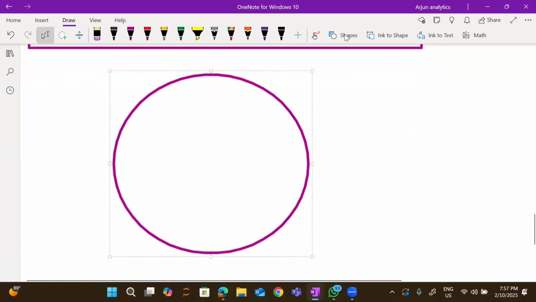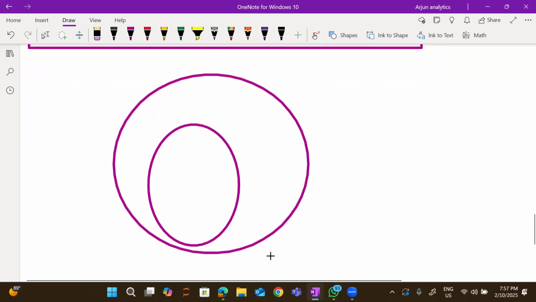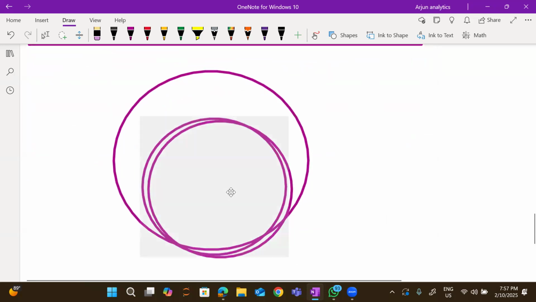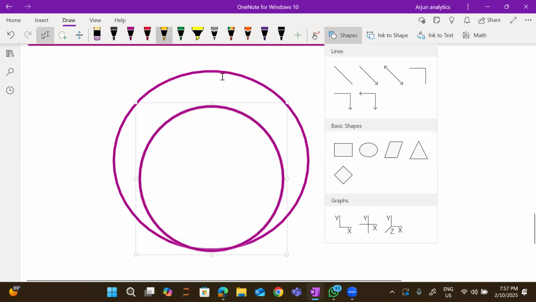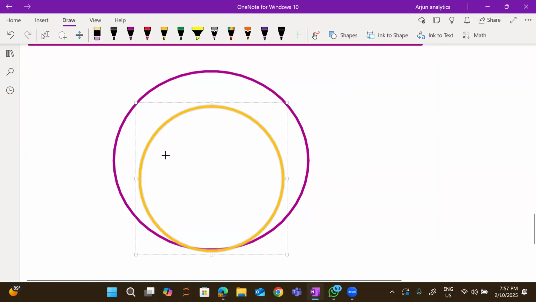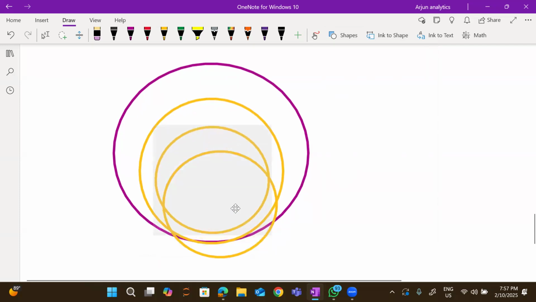Machine learning is a part of your AI, a subset of your AI. Now, again, if you look at deep learning, it is a subset of your machine learning.